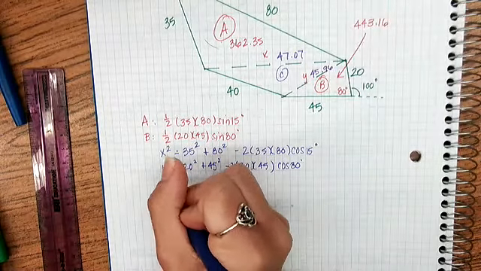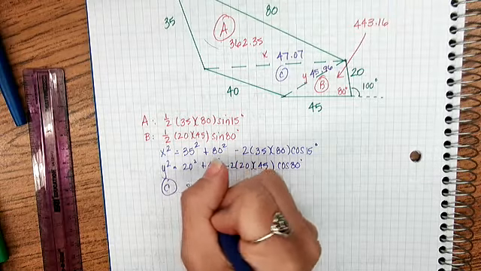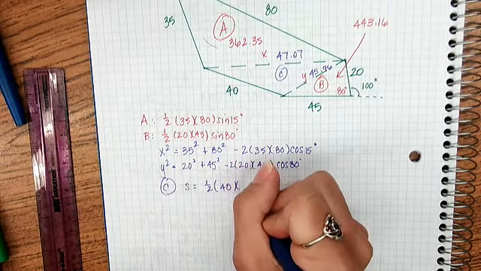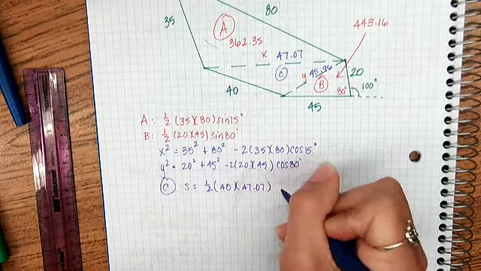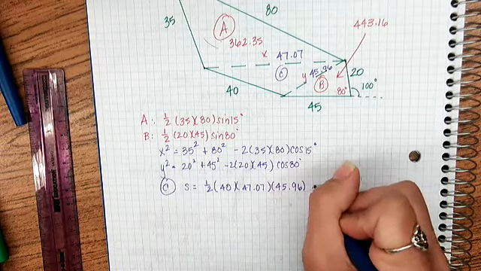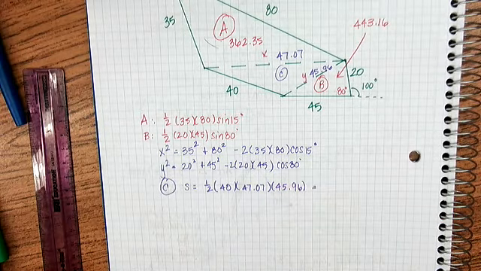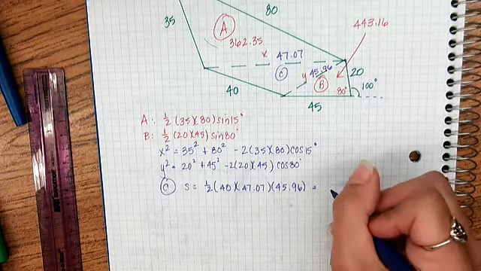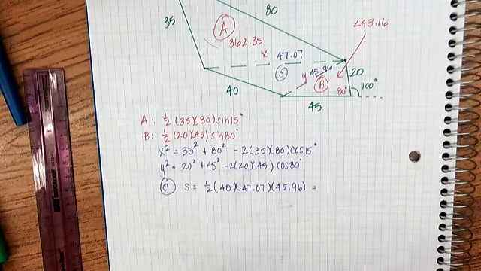So section C, first let's find S. S is half the perimeter, 47.07, 45.96. And this should be plus.